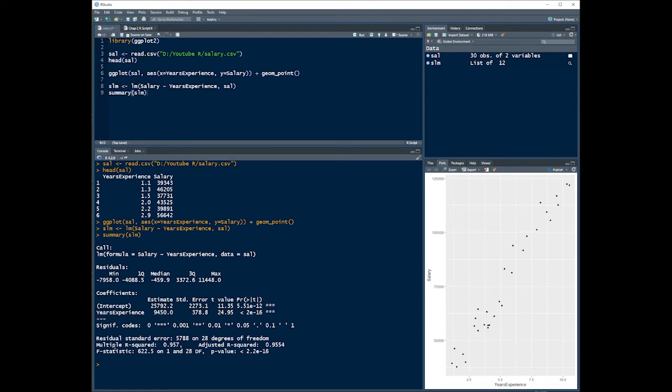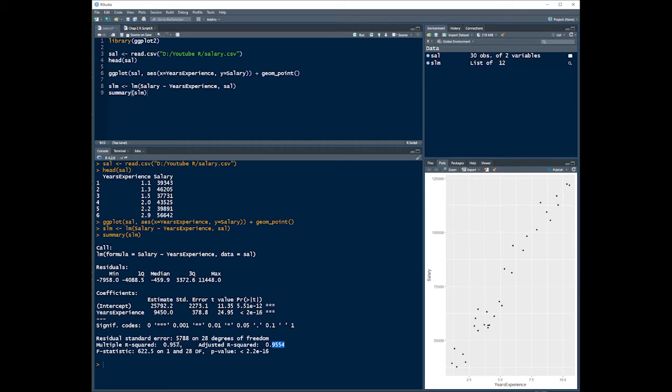Next, we have multiple r squared value and also adjusted r squared value. So the multiple r squared value is a measure of how the data is fit, or we can say that it is a measure of goodness of fit. In other words, this is also called the coefficient of determination.